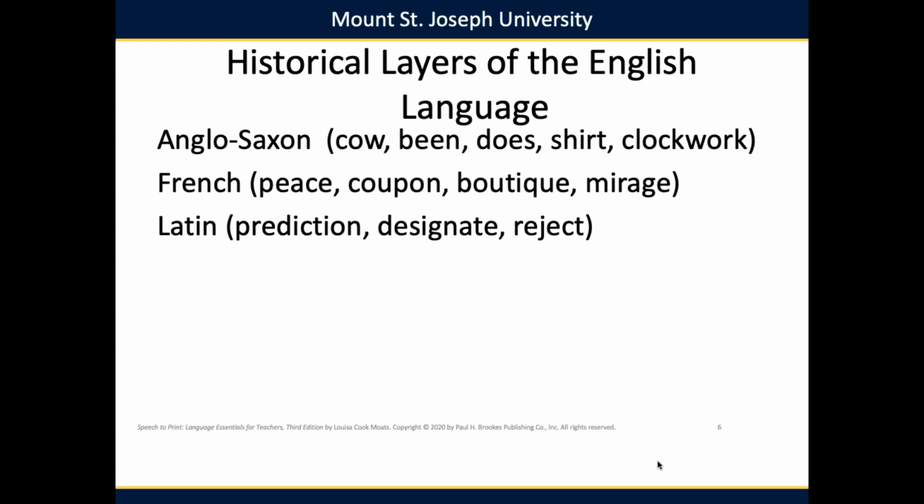There's an additional layer of English that originated from the Latin language. These are multisyllable words organized around a root with affixes, prefixes, and suffixes. Many of our academic words originated as Latin words, like the word prediction.